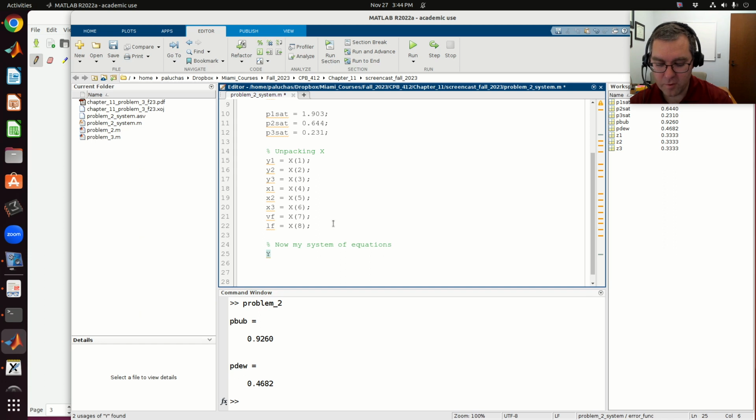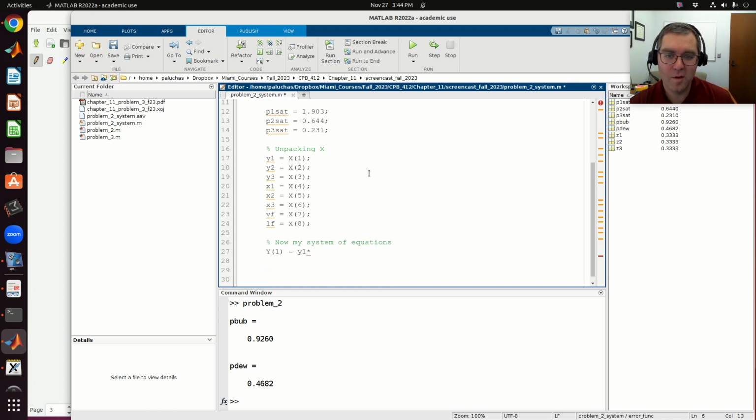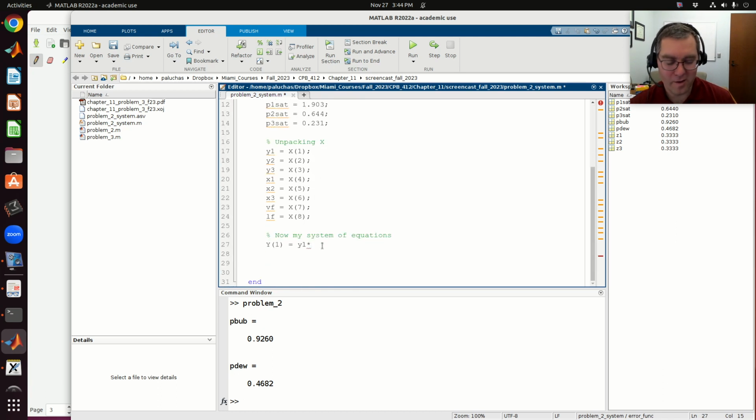Okay. So my first air function, which I could assign to y1, it's going to be y1 times, did I put p in here? No. So in this problem, P is equal to 0.5 bars. Okay, so my pressure is equal to 0.5 bars in this case. And again, I should make this more general, where I pass these quantities to my function, but I'm hard coding them here to make it simple.